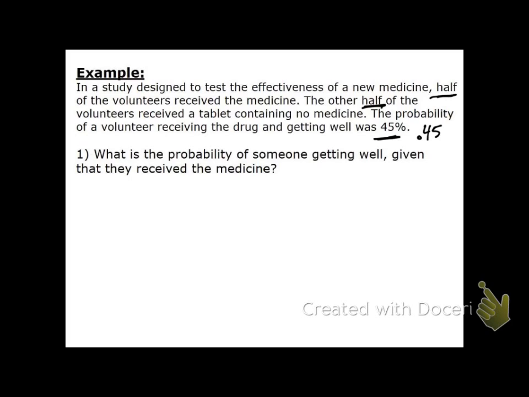So in this problem, we're looking for the probability that someone got well given that they received the medication. So our probability of B given A is just the probability that someone got well given that they received the medicine.